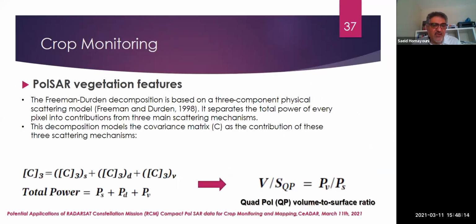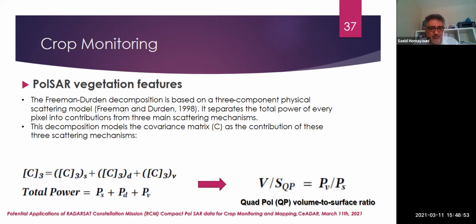So again, from the polarimetric SAR data, we extracted the information. Here we use the Freeman-Durden because it's very informative and interesting, and represents the physical scattering characteristics of your field: volume, double bounce, and surface reflectance or backscattering. And from them, we calculated the total power, and we can create specific features like quad pol ratio.